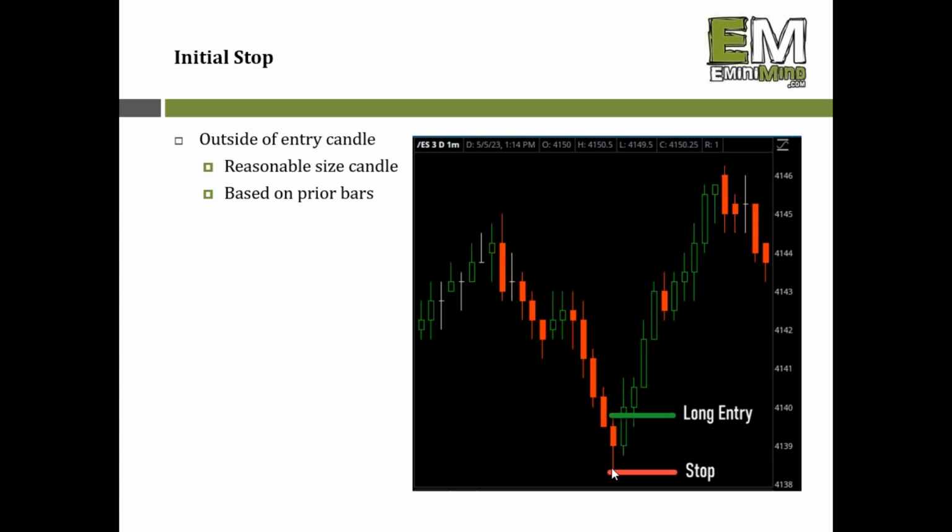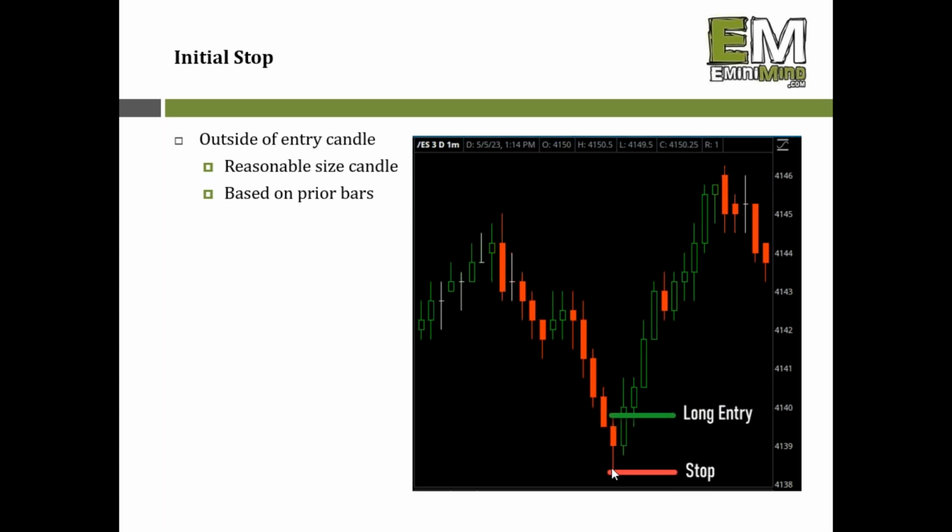And for the most part, if you're looking at a 1 minute chart and you see that all the candles on the ES for the day so far are maybe between 2 and 3 points, then when you get a hammer that you want to get long above, it should also be within 2 or 3 points. If for some reason you get a candle that's 6 points, now that might be getting a little bit big to be assuming that risk.